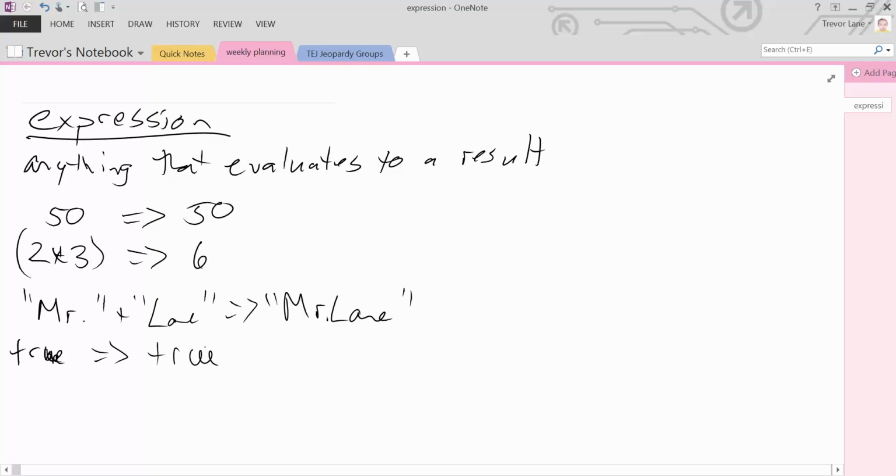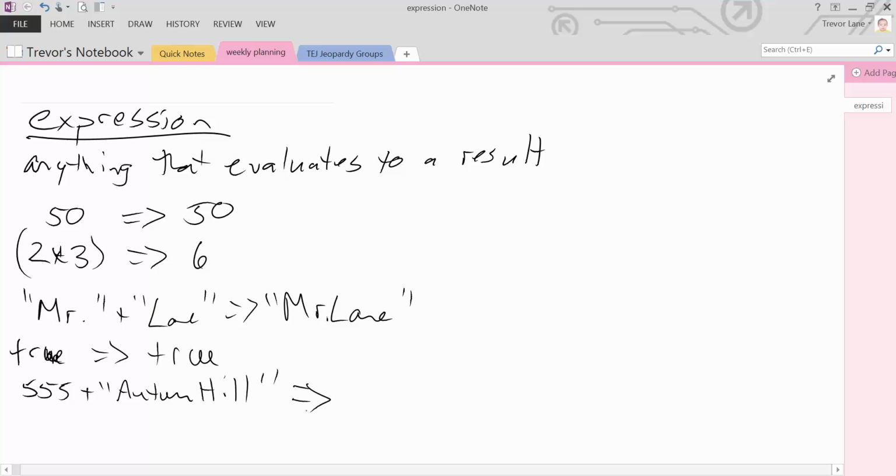But then, as I said, some things can get complicated. What if we have something like this? 555 plus Autumn Hill. Now we know that's the address of our school, but look what's actually happening here. We're trying to add an integer to a string. How is C# going to handle this? Is it going to give us an error? Well, maybe, but not really.